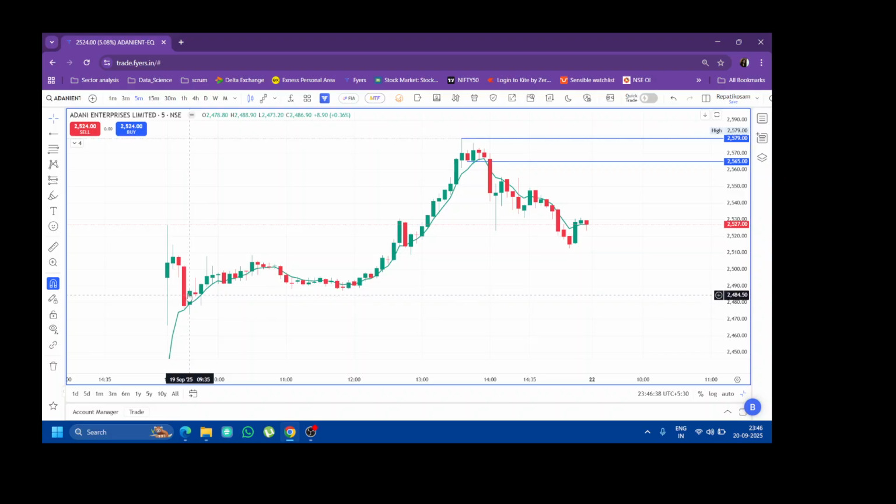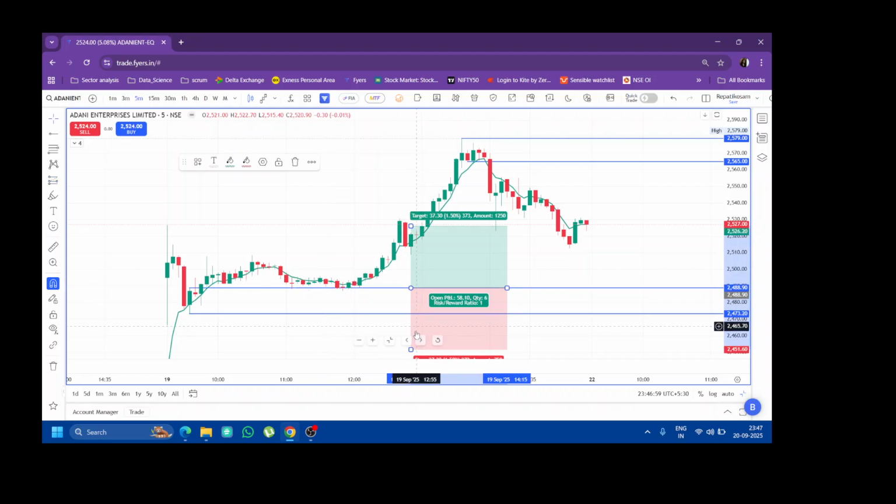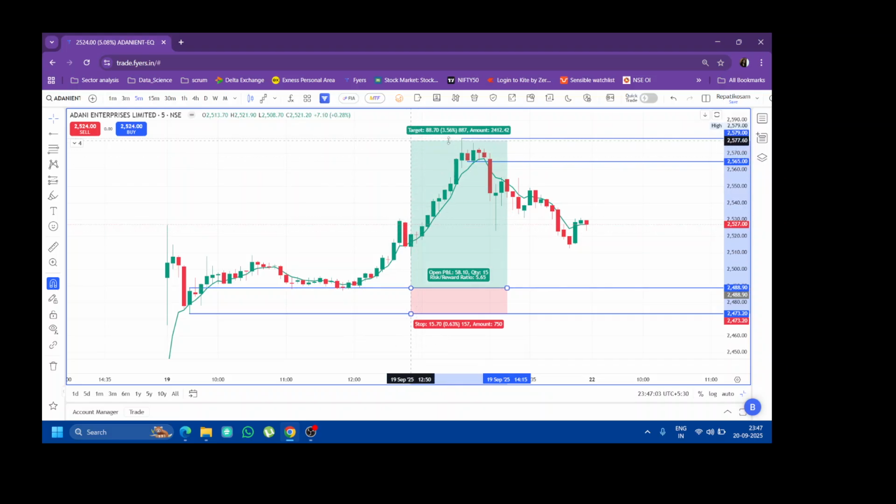Whatever the pullback I have got, I'll try to exit the trade at either of these. So on that note, if you would have taken the trade with this trend line reversal candle from here, and you would have put the stop loss below this, you are eligible to look for either, okay, keep it like this, maybe this line, correct?